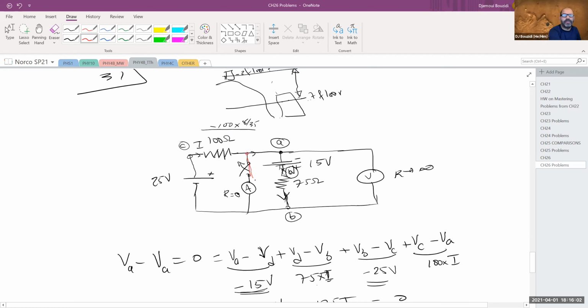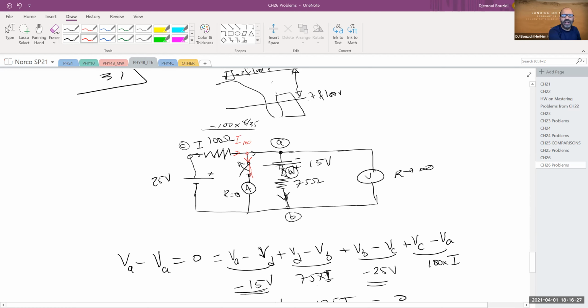So we actually have a junction in here. We have an I1 that is going to come from here. But because there is zero resistance in here, all of this current will flow here. So this is the I100. It's going to come from the 25 battery, go through the 100 ohm, and come in here, because there is zero resistance in here.